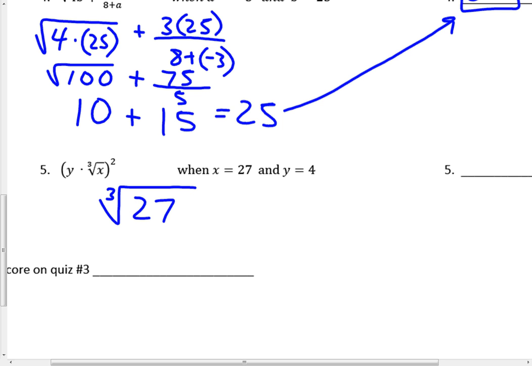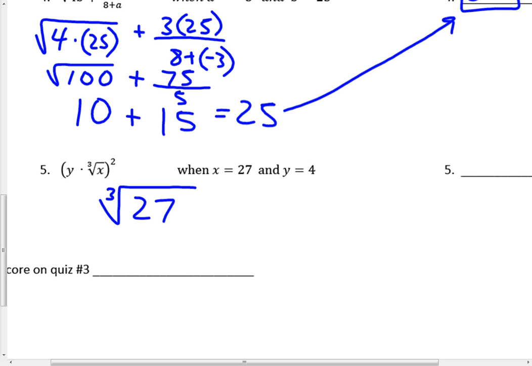How do you get to cube root on your calculator? The math button. Everybody press the math button. What's the fourth line inside the math button?